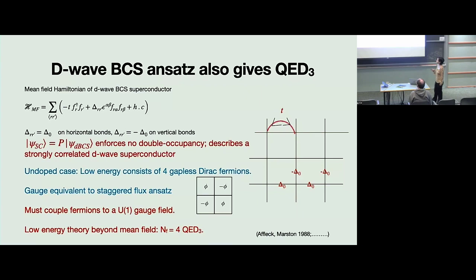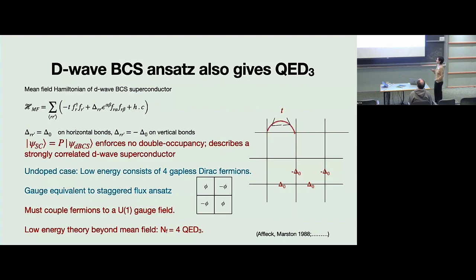The mean field spin-down Hamiltonian, once we project onto the no double occupancy physical Hilbert space at finite doping, is supposed to describe a strongly correlated D-wave superconductor that accounts for the electron repulsion, compared to a free electron D-wave BCS wave function. And at zero doping, namely at 1 spin-down per site, the low energy again has 4 gapless Dirac fermions. So actually, this mean field ansatz is gauge equivalent to the staggered flux mean field ansatz. So at zero doping, they describe the same physical state.